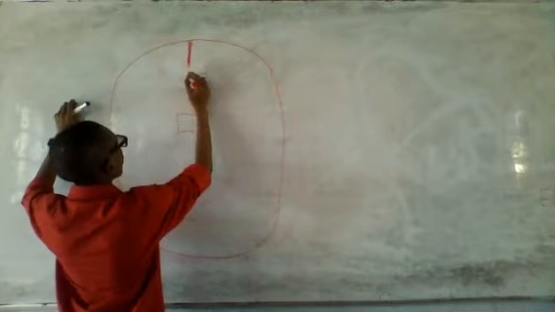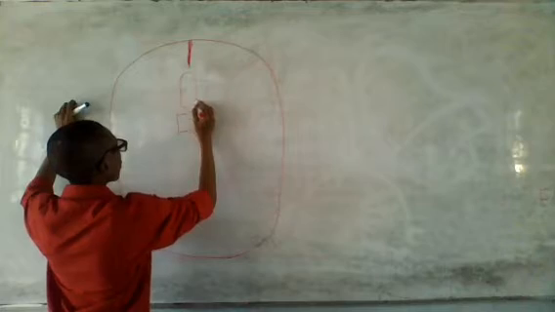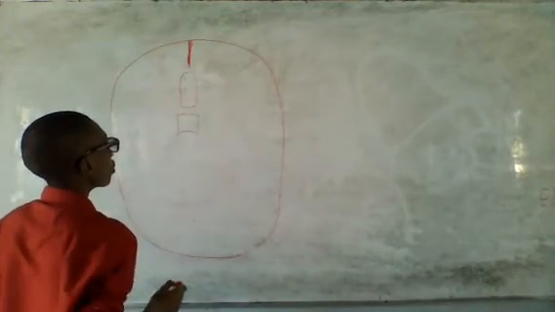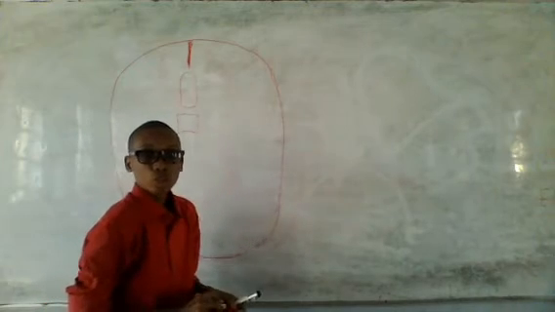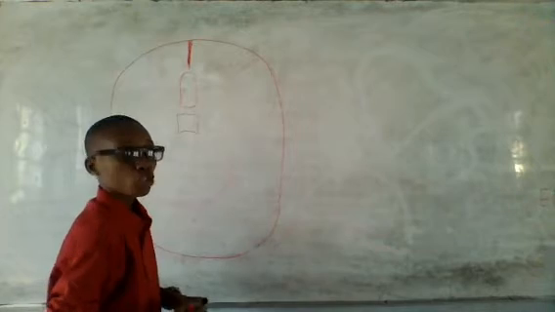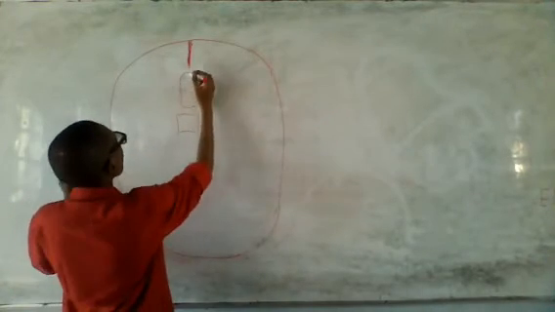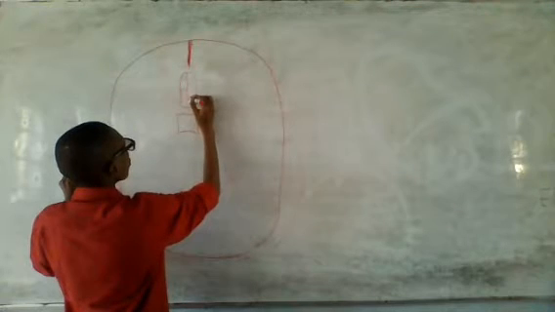Then posterior to the frontal crest, we're going to find a plate-like structure, and this plate-like structure is called the cribriform plate of the ethmoidal bone. In the cribriform plate, you're going to find a posterior projection also.